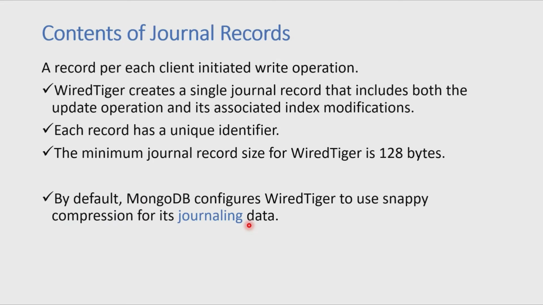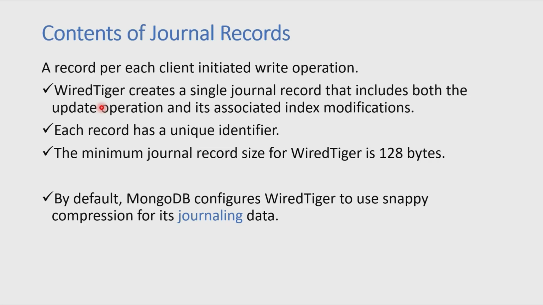What is the content of the journal records? A record per client is created when there is a write operation happening. So a single journal record will be created, and it will have all the update operations, like what data has changed in the database and what it is supposed to do. Along with that, if there is an index already available, then it maintains the information about that.